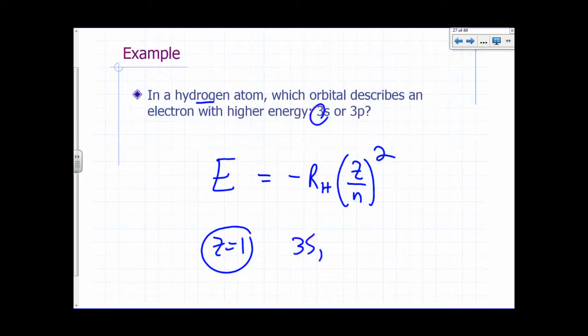For a 3s, n equals 3. For a 3p, n is also equal to 3. So the answer is the same. It takes the same amount of energy to remove an electron from a 3s orbital as it does from a 3p orbital of a hydrogen atom. Depends only on n, and in 3s and 3p, you have the same n.